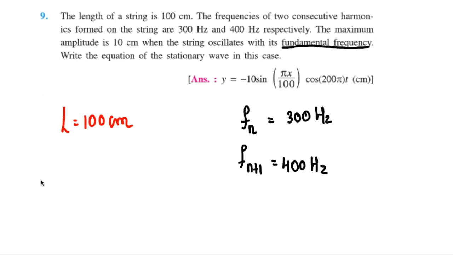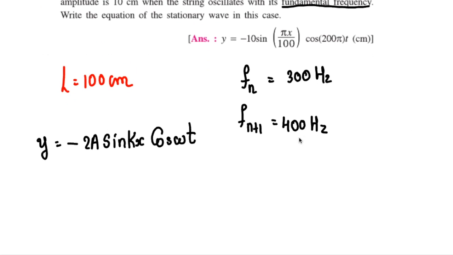See, the general equation of stationary wave we already have. Y is equal to minus 2a sine kx cos omega t. Now what we need to find out is omega and k to make it a complete equation.